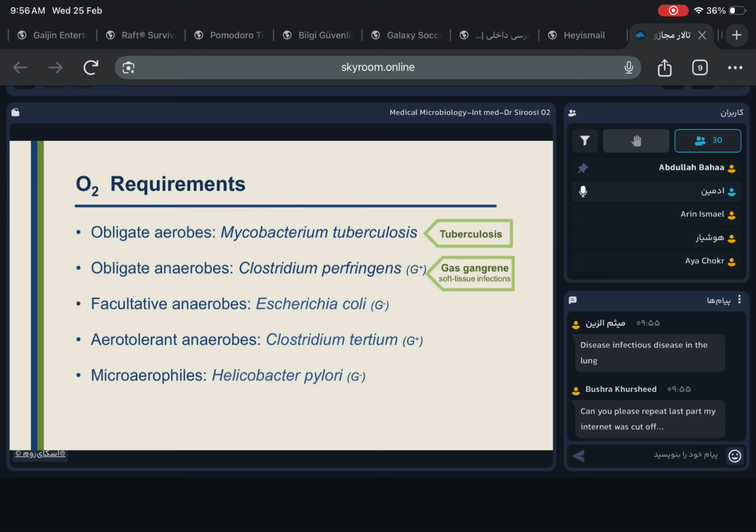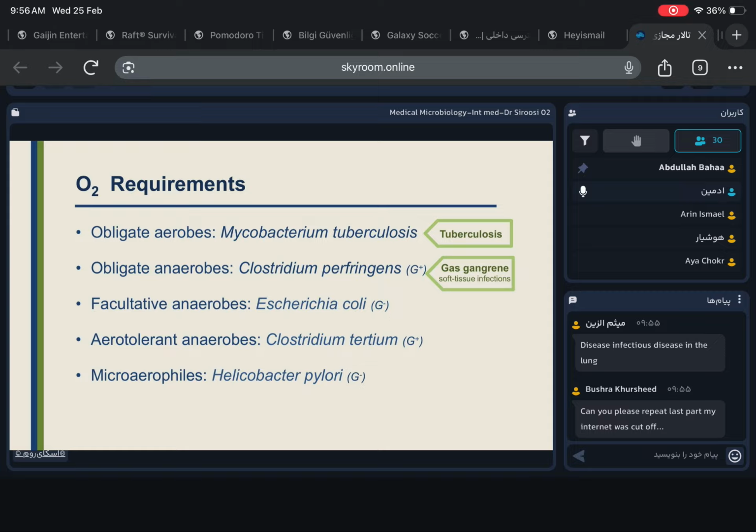So this bacterium lives in the lung, and Mycobacterium tuberculosis is an obligate aerobe, and it's the causative agent of tuberculosis. So obligate aerobes need molecular oxygen for their metabolism and growth. As I told you, an example is Mycobacterium tuberculosis. So let's move on.